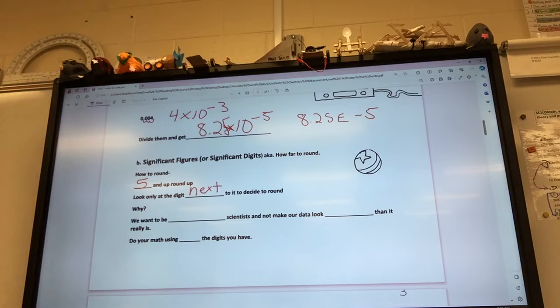All right, so here's a number. 2.3791624. Okay, so the right way to do it, if I needed to round to the 10th place, is I only look at the 7. 7 is bigger than 5, so it rounds up. The answer is 2.4.